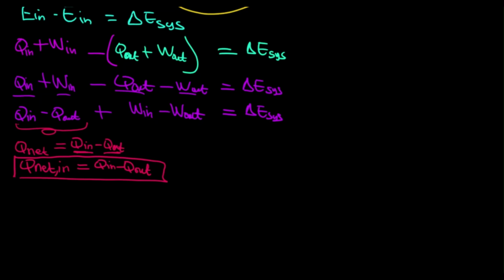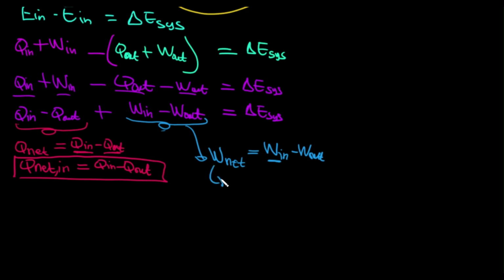And the other term we can also define as work net, which is just the difference of work in and work out, so work in minus work out. If work in is greater than work out, this answer will be positive, and that means work is being done to the system.